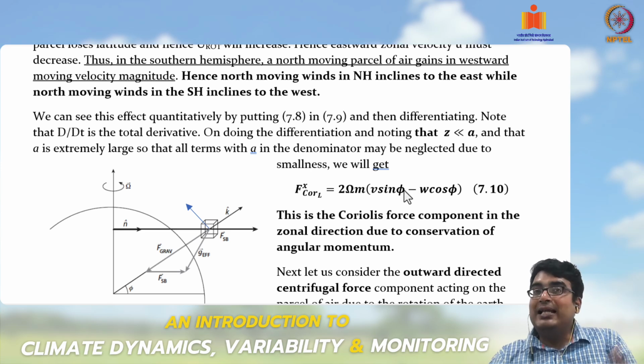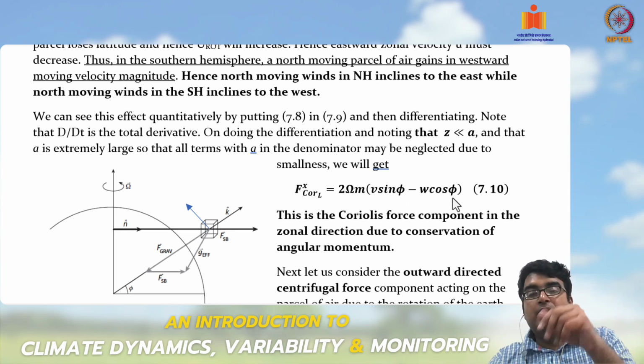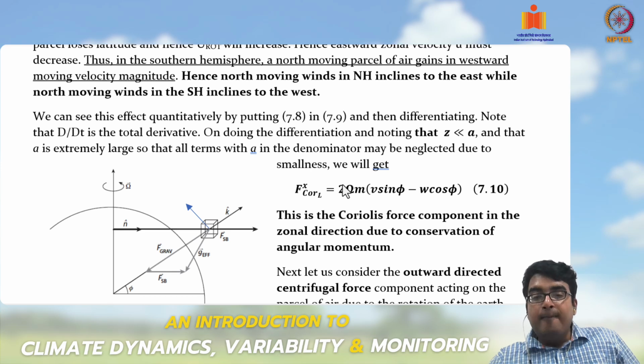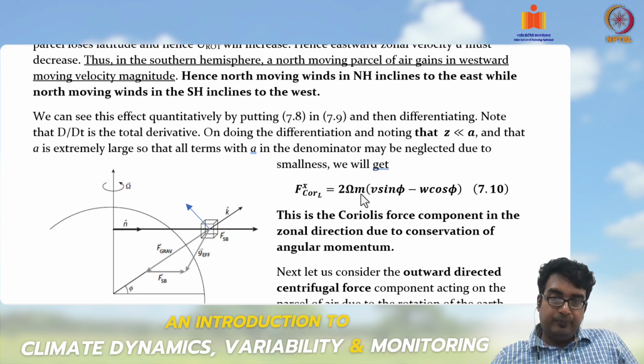Phi is of course the latitude angle. So this is the meridional velocity times the sine of the latitude, minus the vertical velocity w times the cosine of the latitude, all of this multiplied by twice omega into m. So this is the Coriolis force component in the zonal direction, the x component, due to the conservation of angular momentum.